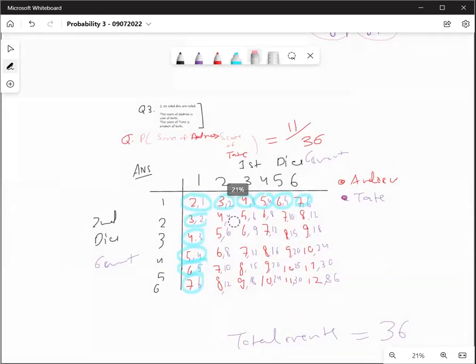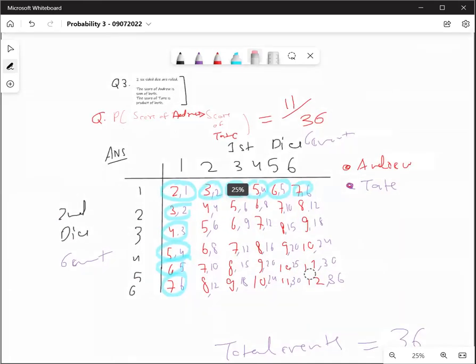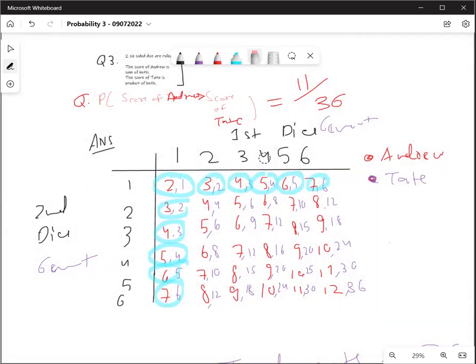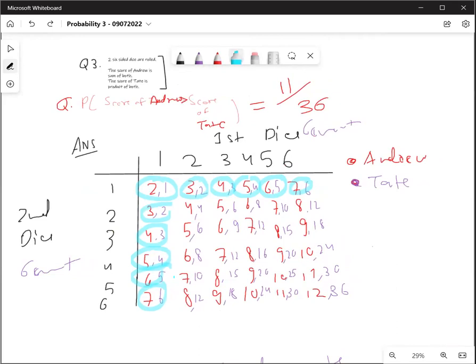Now the thing is, without doing this, would it be possible to solve a question like this? It would be pretty long. Now, how many times does Andrew score more than Tate? In all the blue circle areas, 11 times. And how many total events are there?